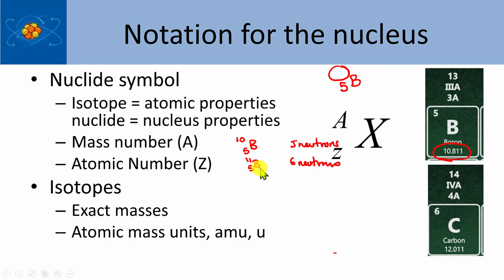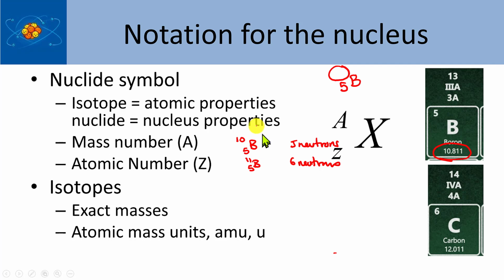Why isn't it 11? It's because what we do to get this mass on the periodic table and make this mass useful is we want it to reflect the average mass of boron, so that when we get a compound that has boron in it, it'll have the correct mass, averaging the isotopes present in the sample.